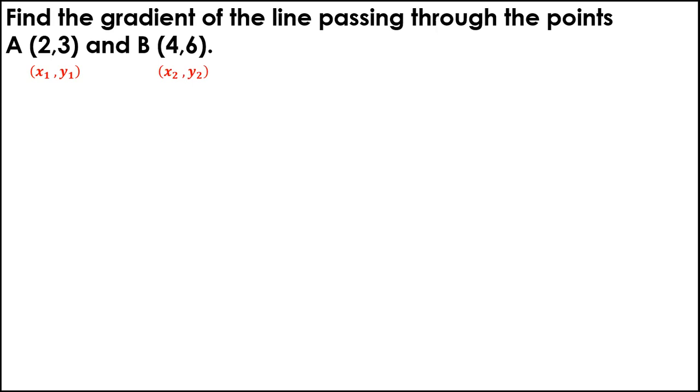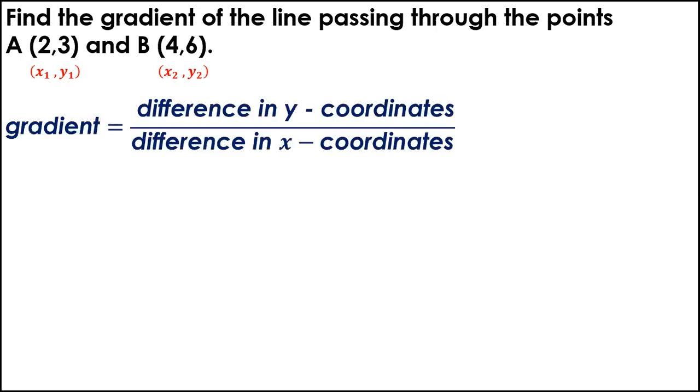What are we asked to find? We are asked to find the gradient of the line which passes through 2 points. We can find the gradient by taking the difference in the y coordinates divided by the difference in the x coordinates.